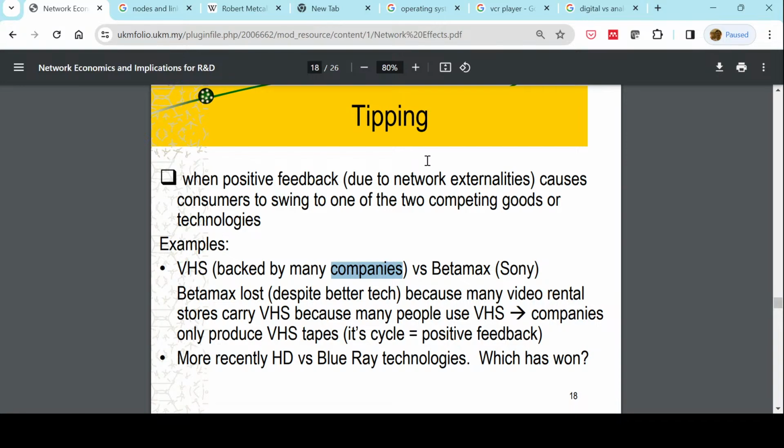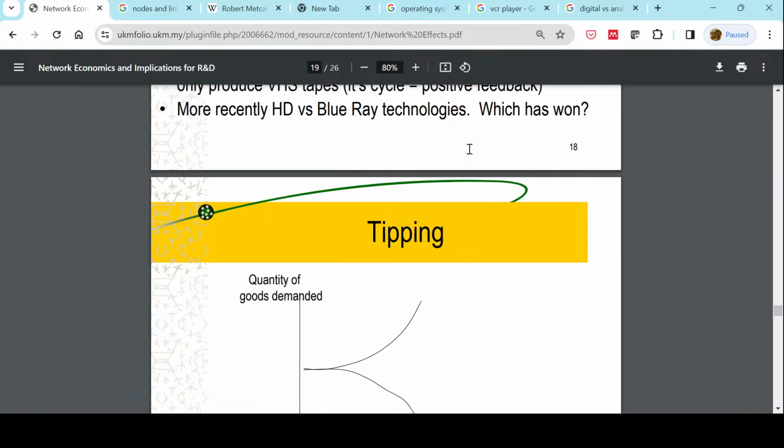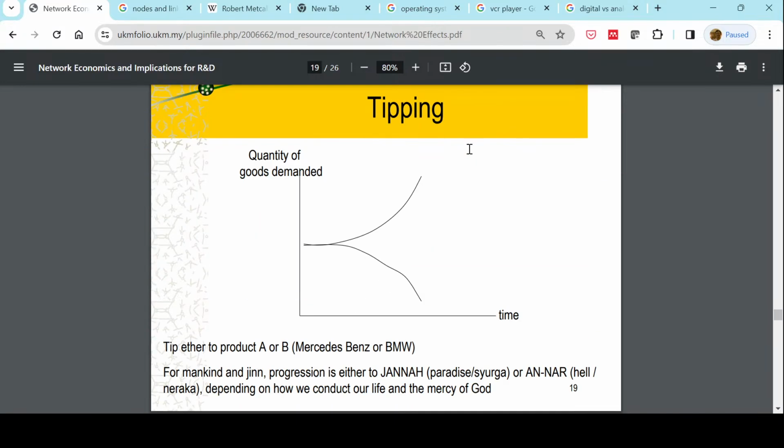Other people are paying. So there's a tipping of either product A or B, for example, just now, Mercedes-Benz positive feedback, negative feedback for BMW. So tipping is really happening for technology products.